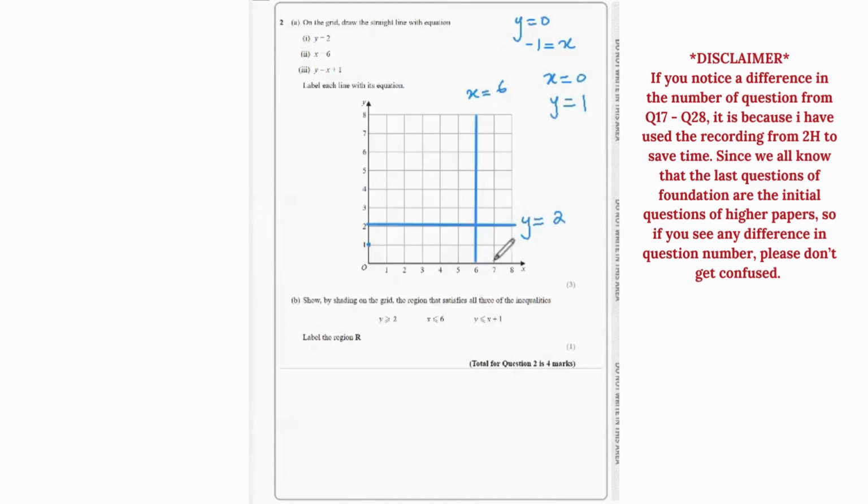So for the positive axis, let's put x equals 4. At x equals 4, y is going to be 4 plus 1, which is 5. So (4, 5) is our other point. We can just join these 2 points and draw our line.